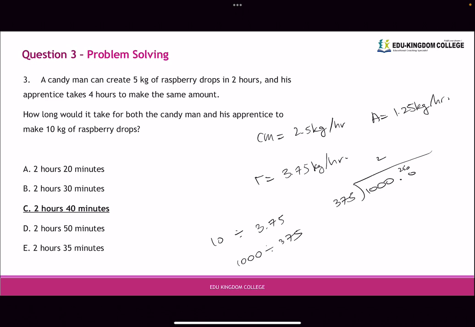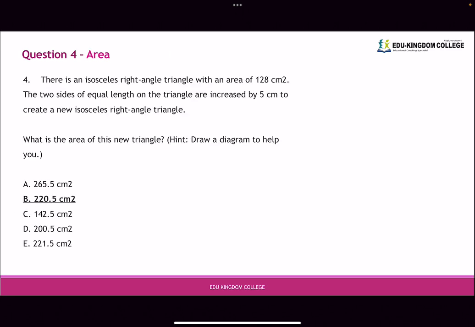Then 375 goes into 2,500 6 times and leaves another 250, and so on, so we can see it's 2.666 recurring, which is the same as 2 and 2/3 of an hour. 2/3 of 60 minutes is 40 minutes, so 2 hours 40 minutes, or C.